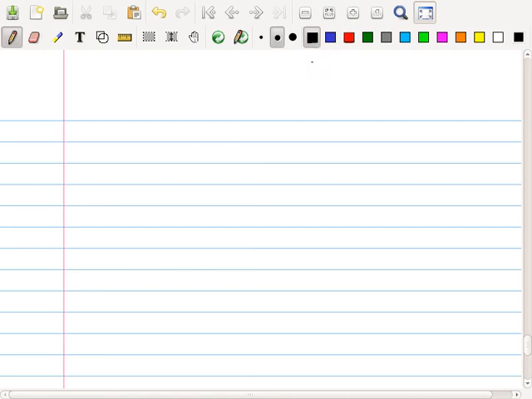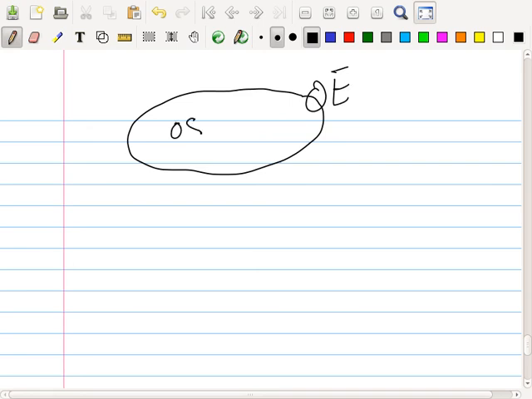Alright, so just to finish, there are some units I want to show you now. So here is the Earth, and here is the Sun, and this distance here. You see this distance here? That is called 1 AU. Space is very big, so you can't really use meters all the time.